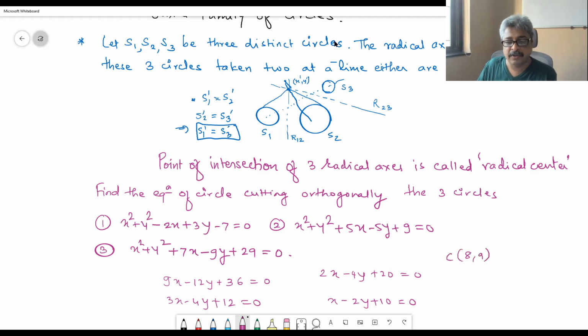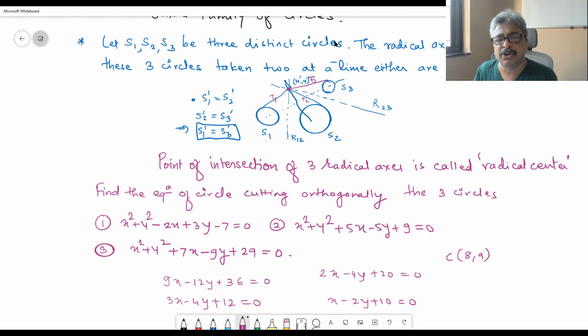And if we take the length of the tangent from (8, 9) to any of the three circles, it is going to be the same. Why will it be the same? Because if this is T1, this is T2, and there will exist another tangent here whose length is T3, all of them are going to be the same because this is the point of concurrency of the radical axes.